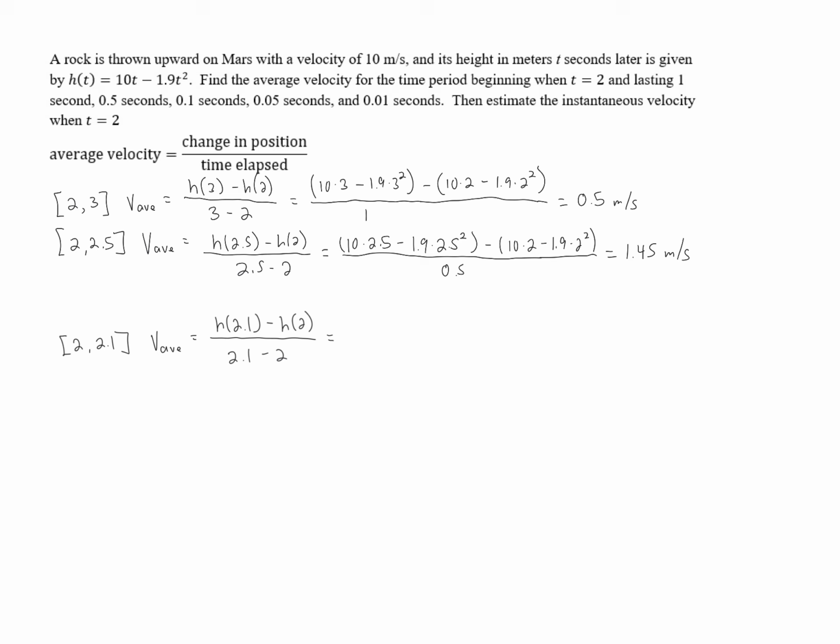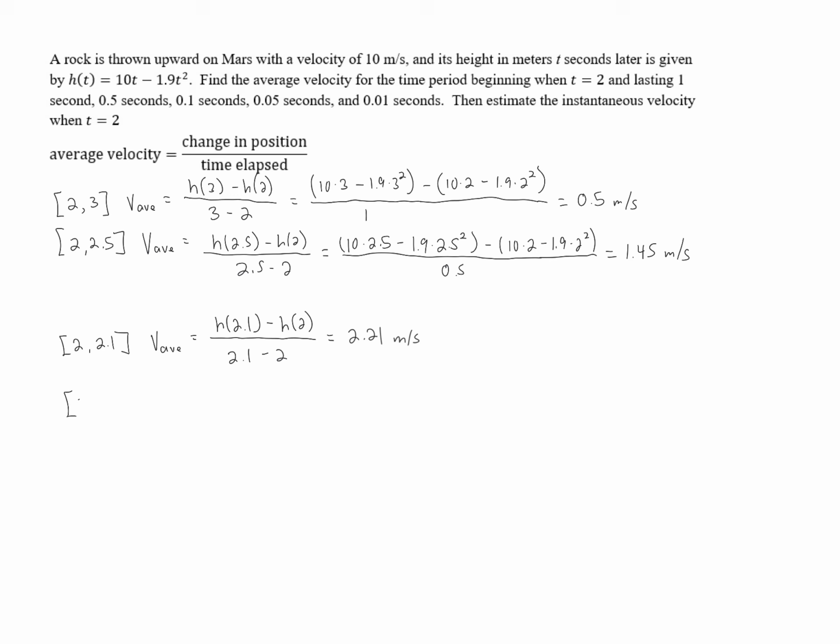So we're just going to replace all of these 2.5s with 2.1s, and then the denominator is going to be 0.1. To save time, I'm not going to write that all out. Instead, I'm going to plug that into a calculator, and I get 2.21 meters per second. And we can continue with the other intervals.